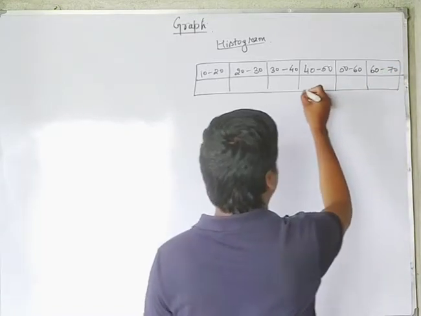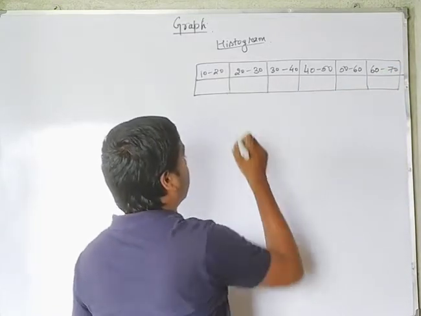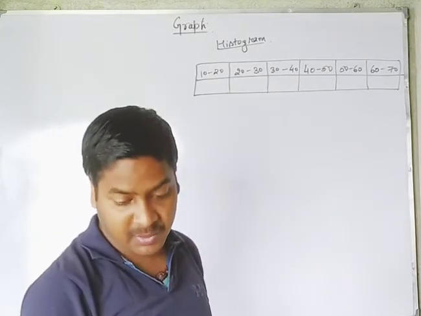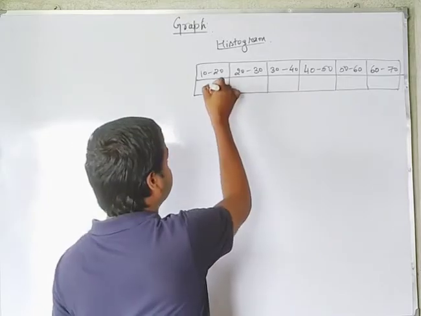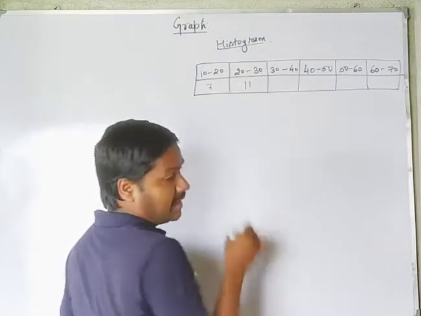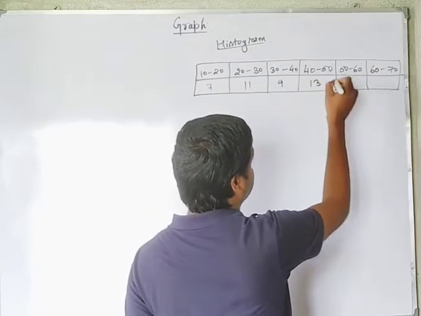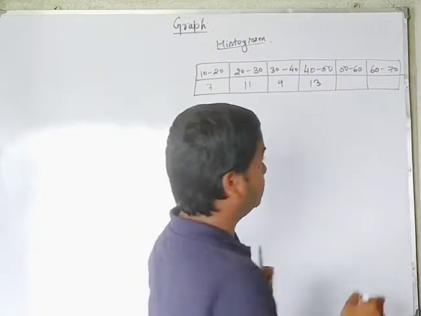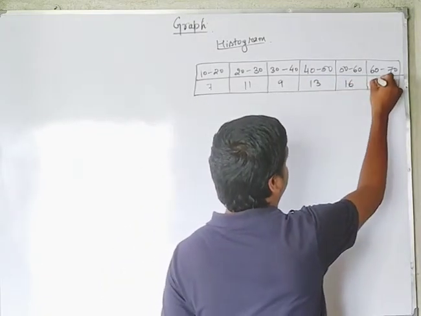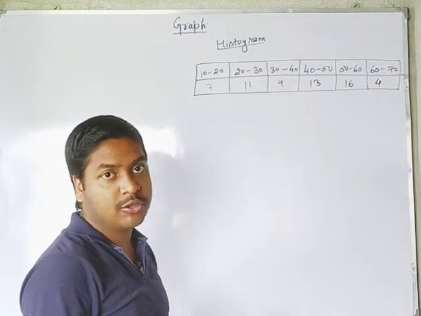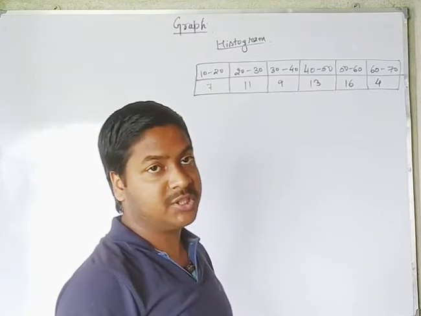Till 70 only it is given. How many students got marks between 10 to 20? That number is given: 7, 11, 9, 13, 16 and 4. We have to make the histogram, and also the frequency polygon.